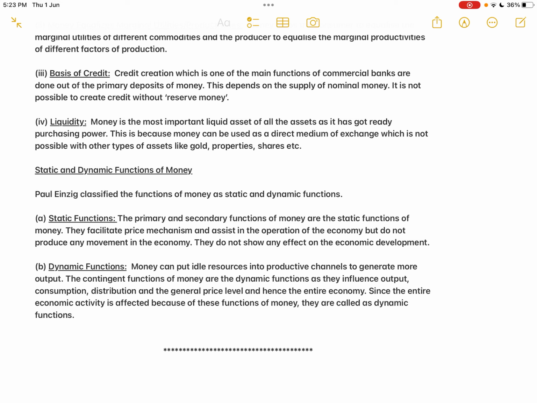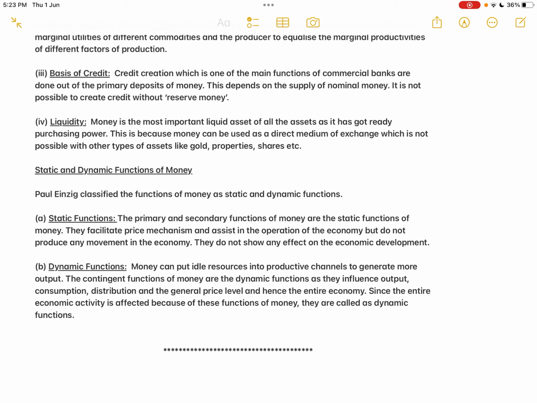It makes the entire economy dynamic. They come under the category of dynamic functions. So all the contingent functions of money happen to be dynamic functions. The primary and secondary functions of money, which are just enabling the operation of the economy, come under the static functions of money.